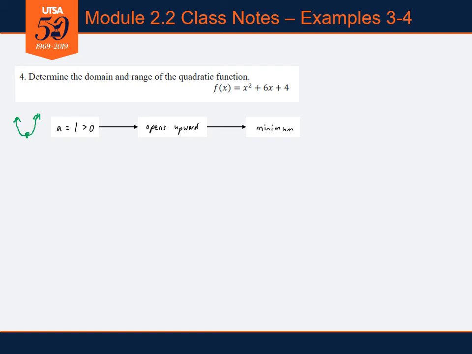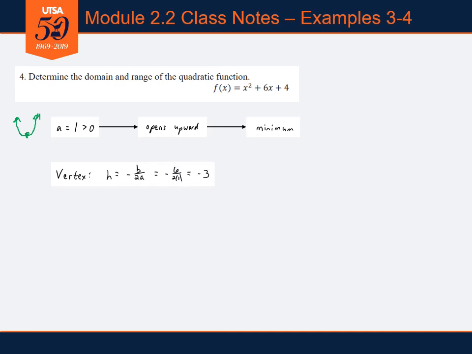So the domain here, well, the domain we already knew is going to be all real numbers. The range here is going to start at some bottom point at the vertex and then increase up to infinity. I need to find the vertex to know what that minimum point is, and I'll use my trusty h equals negative b over 2a formula here with b is 6 and a is 1.